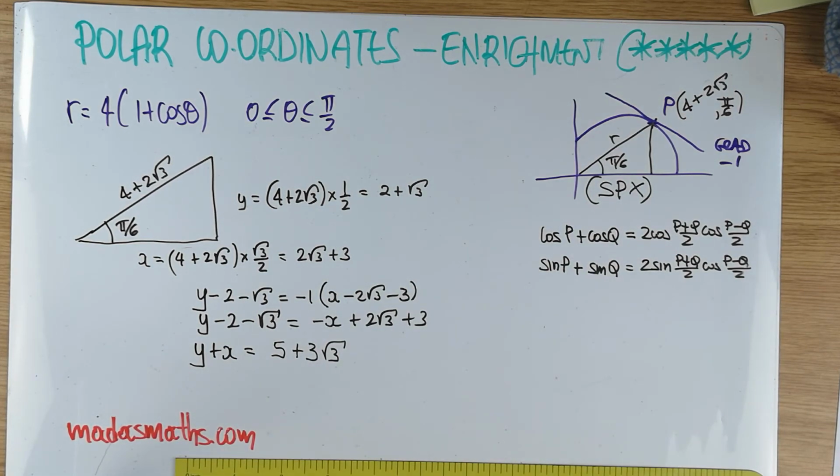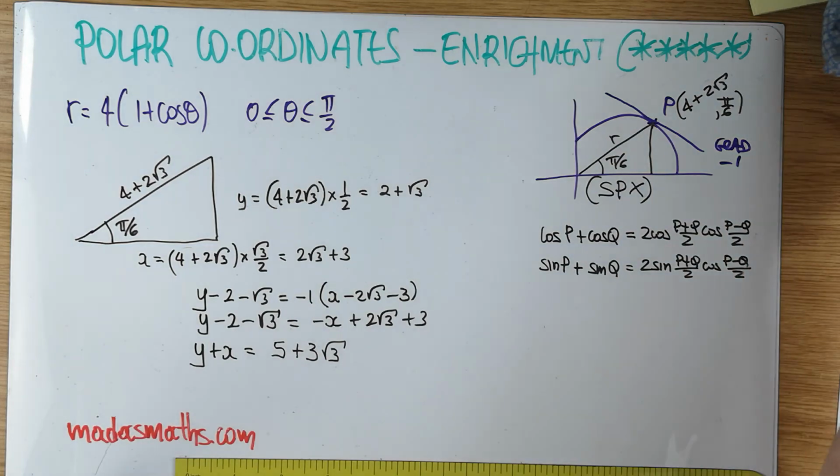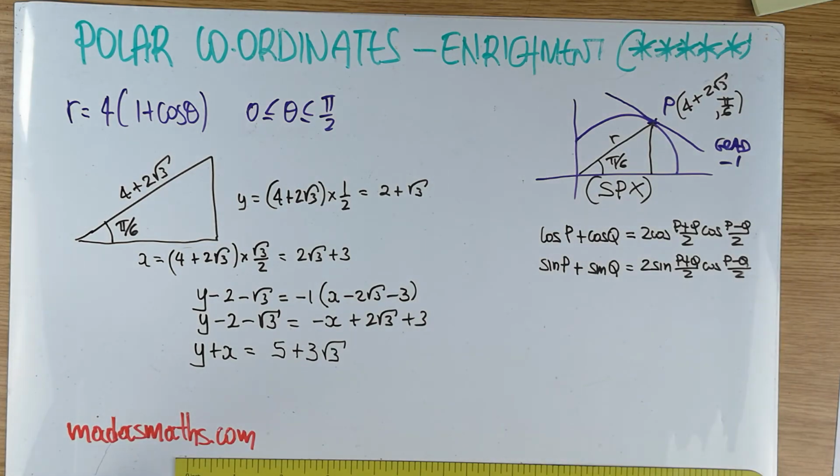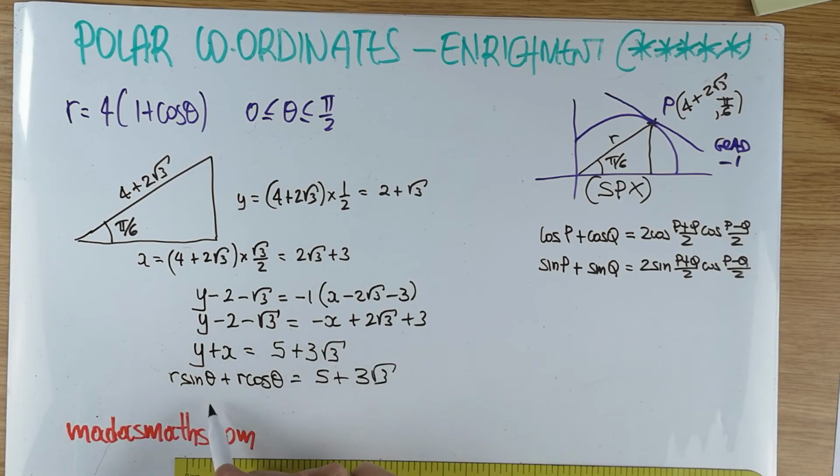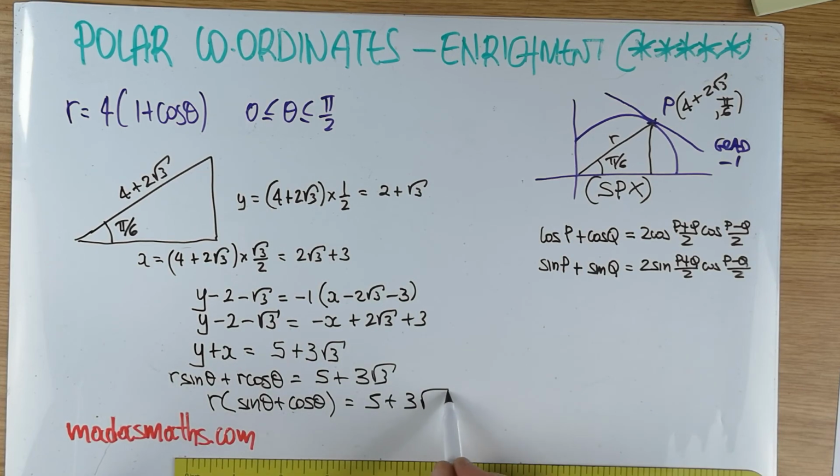All that is left for me now is to switch that into polar coordinates. Is that difficult to do? The answer is no, because if you look at what x and y are in polar, this is r sine theta plus r cos theta is equal to this mess, 5 plus 3 root 3, which means we can factorize the r: r, sine theta plus cos theta in a bracket, is equal to 5 plus 3 root 3.